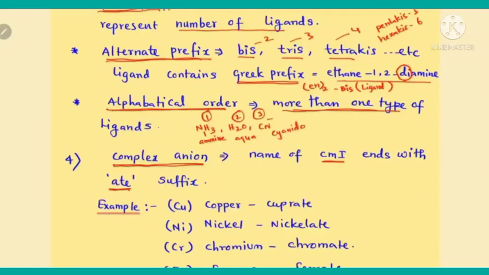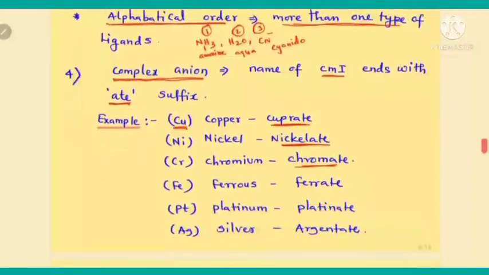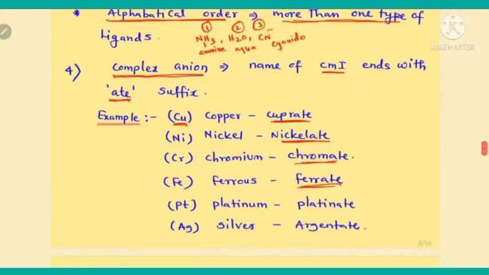Suppose the central metal ion present in the anionic complex is Cu, which is named cuprate, Ni is called nickelate, Cr is named chromate, whether it is ferrous or ferric, ferrate, platinum, platinate, silver is named argentate. So this is another important rule in anionic complexes.